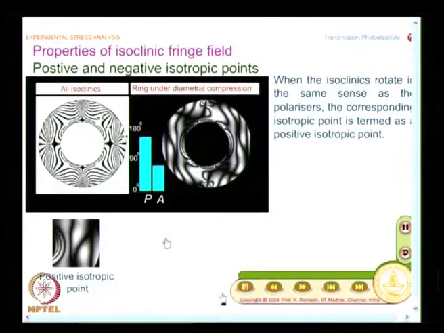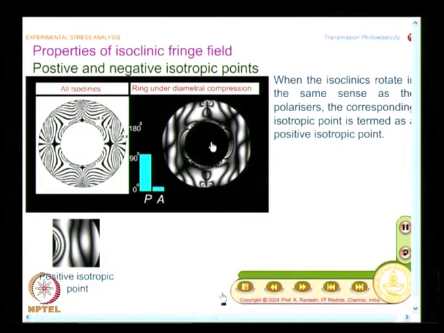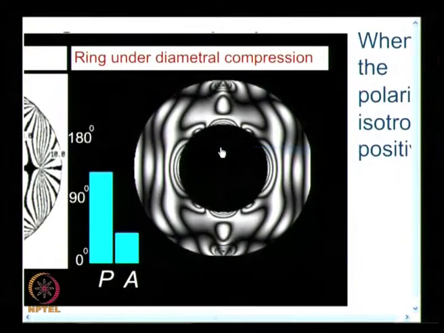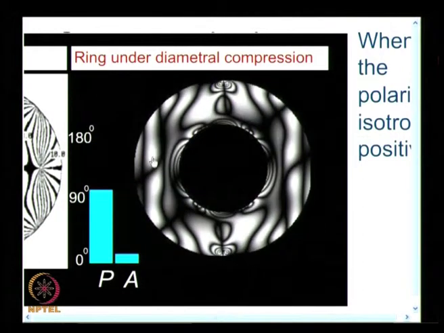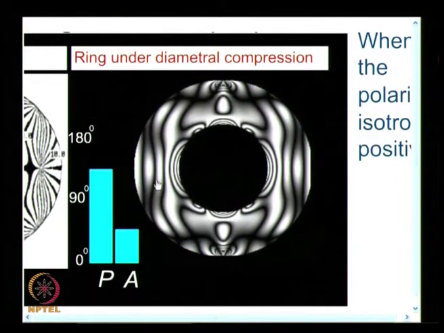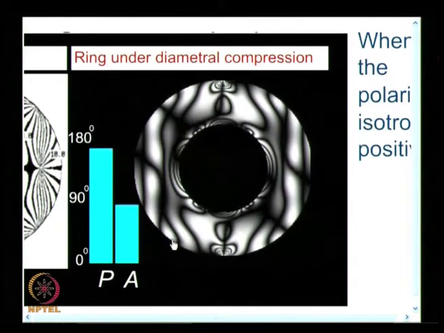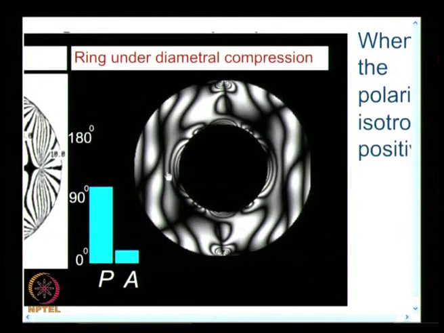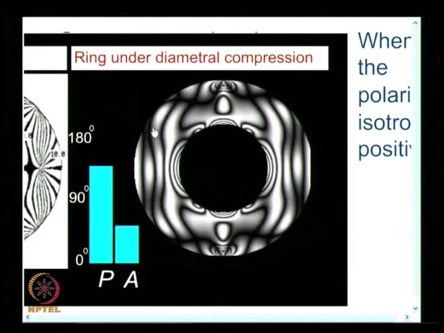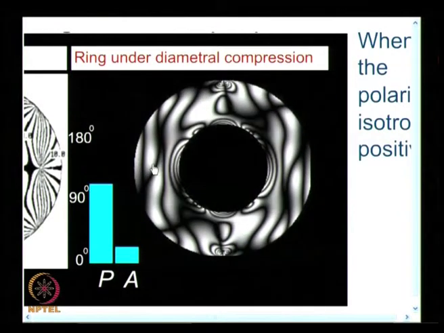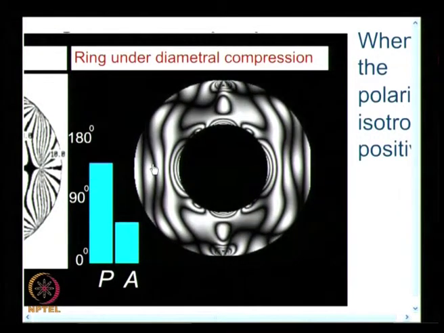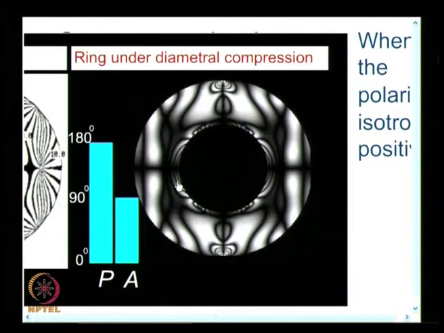And what you find here is, I can zoom it and then show. See, if you look at, I have a point here, I have another isotropic point here, I have another isotropic point here. You have something interesting happening. When I move from this isotropic point to another isotropic point, in between the sign changes. That is how it will appear. So, this is a nice cue for you to verify whether you have labeled the isoclinics correctly.